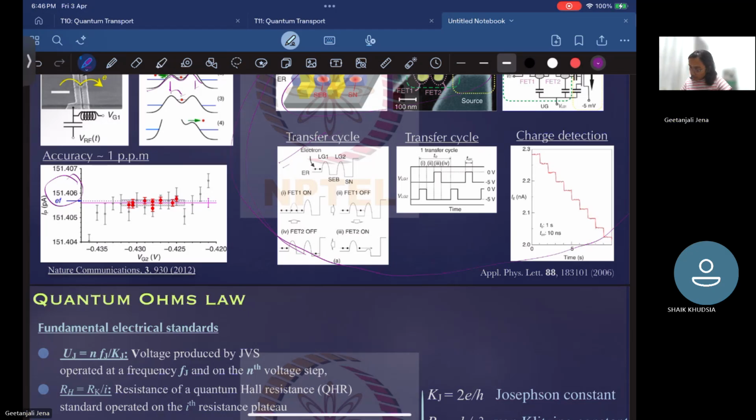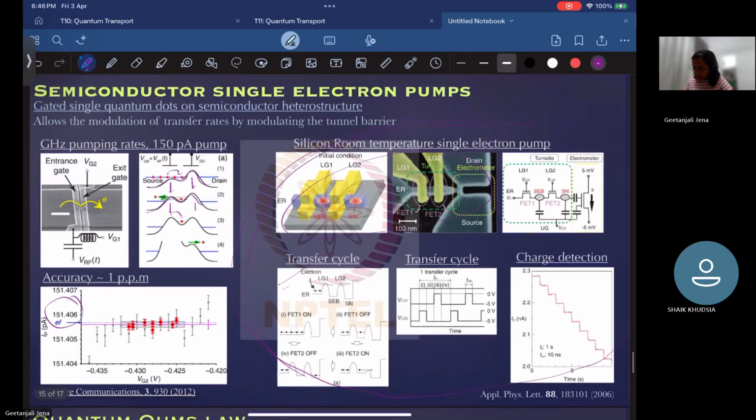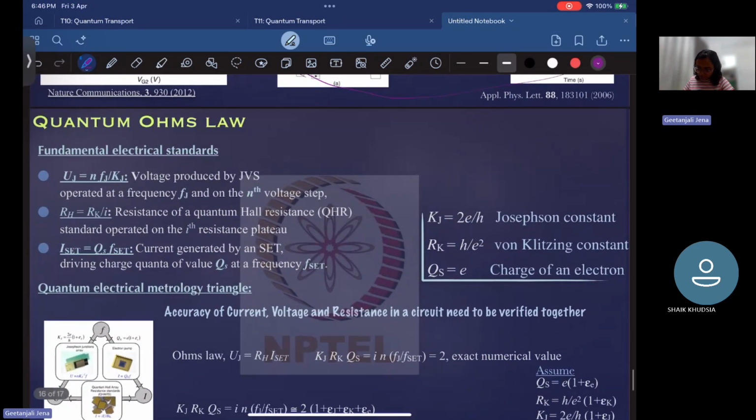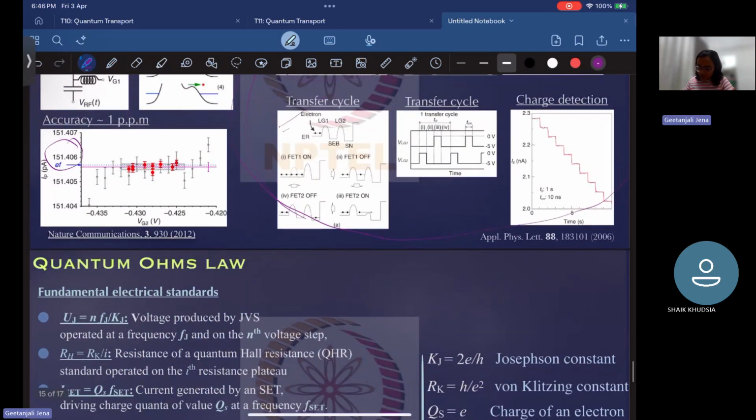Okay. And then this is all. So now what we have: we know the current standard, we know the voltage standard, and we know the resistance standard.